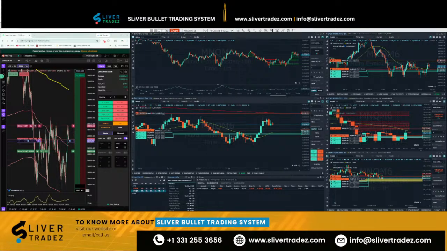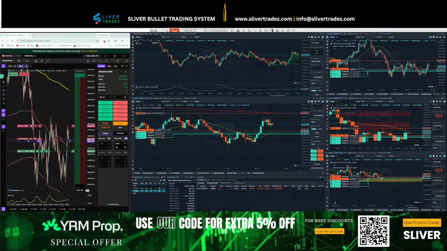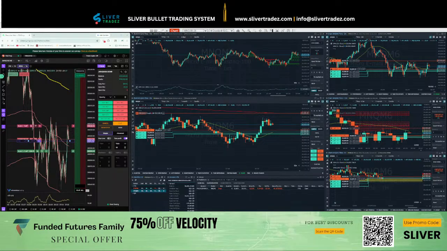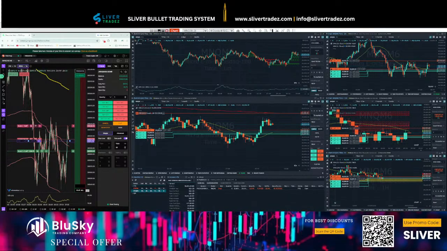Reducing risk is important, because when you're trading and end up with open positions in multiple accounts, it's good to close a few positions when you are at break even.